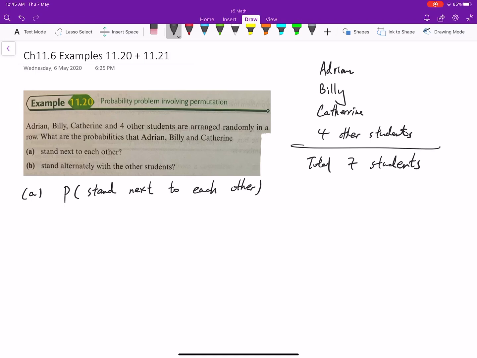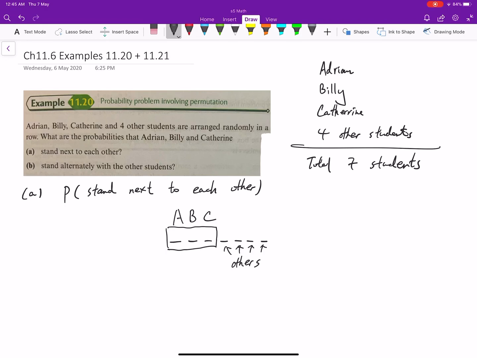Let's look at what next to each other means. It means you have 7 students standing in a row, and Adrian, Billy, and Catherine need to stand together. So you put these 3 together, Adrian, Billy, and Catherine, and these 4 are the other students.